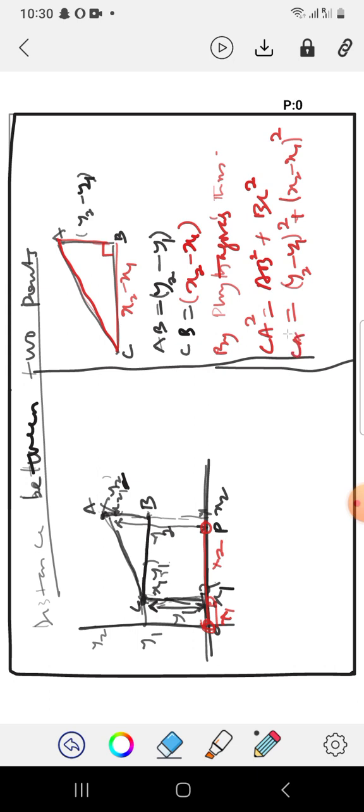So that's going to be CA squared. So CA itself would now be, just take the square root of the entire stretch.